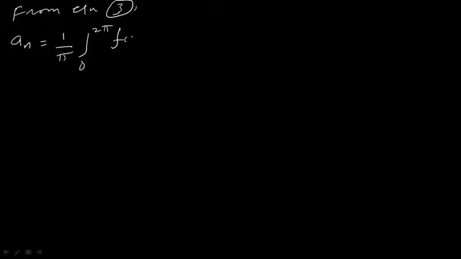So we calculated the value of A0. Next we calculate the value of AN. For that, from equation 3, we know the formula for calculating AN, which is equal to 1 by pi integral 0 to 2 pi f of x cos nx dx.